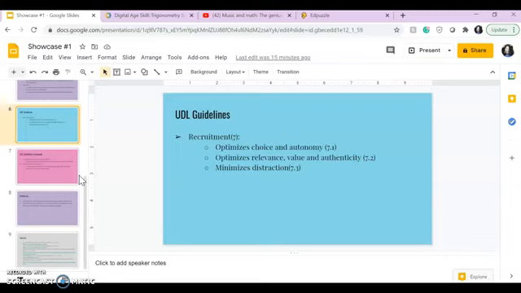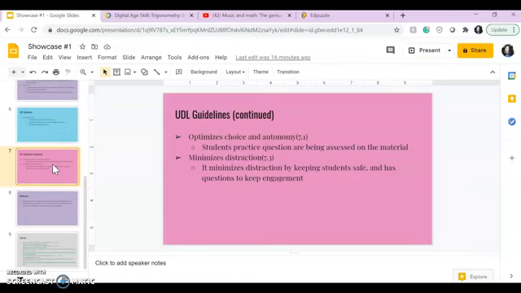Edpuzzle has a feature where you could allow or not allow skipping the questions. So mandatory questions is a way that would help with that.